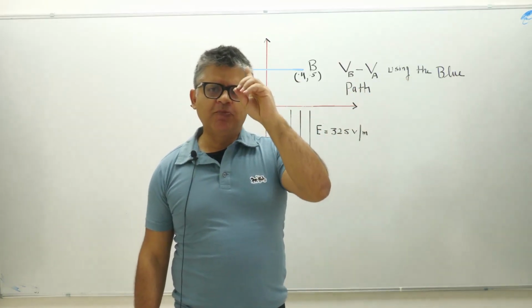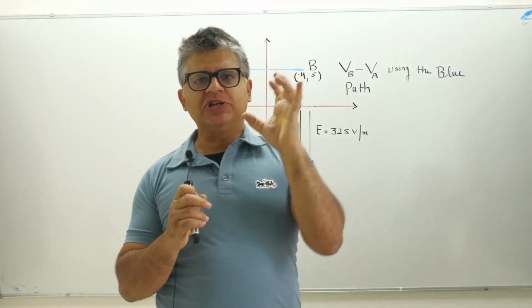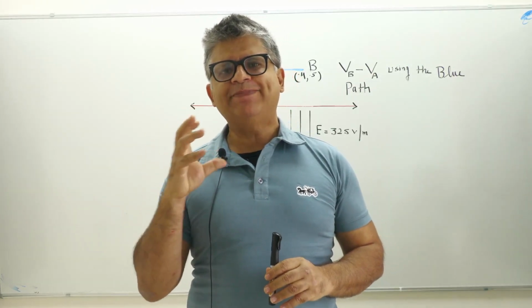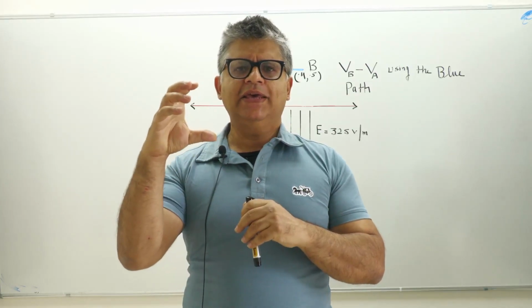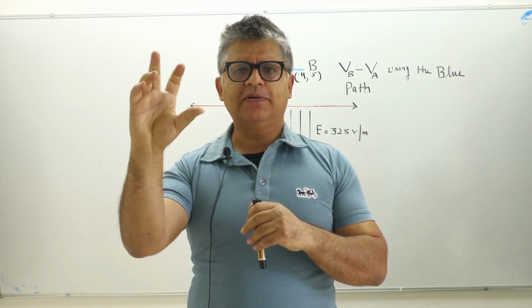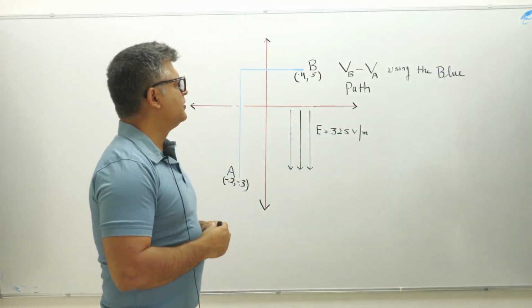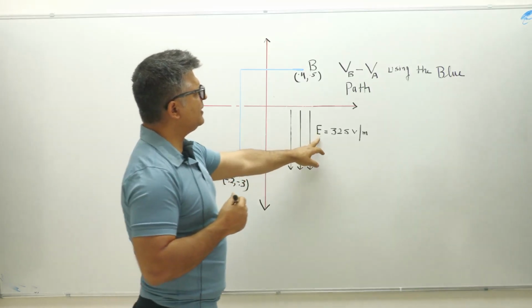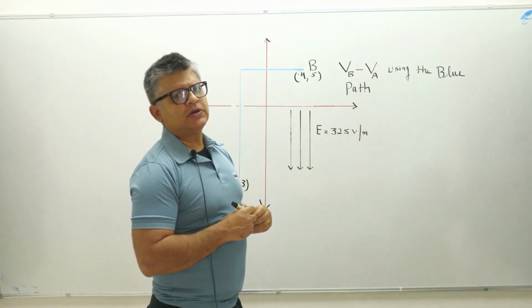So the moment you think in terms of linking potential difference with electric field, the conceptualization is you have to link E with delta V. E has to be linked with delta V. Now, if you look into this question, we know E and we're supposed to find delta V.